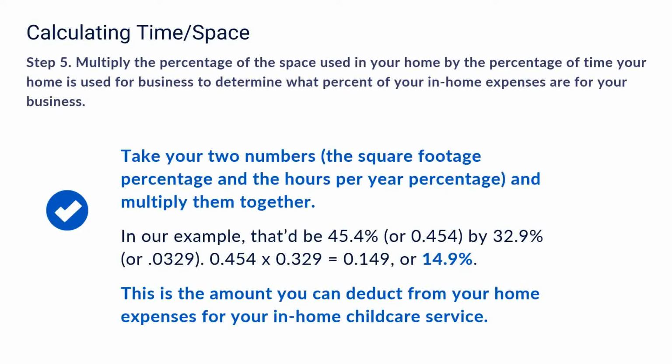If you multiply that by your time-space percentage of 14.9%, that gets you a total of $2,980 that you can apply as your cost for using your home for business use.